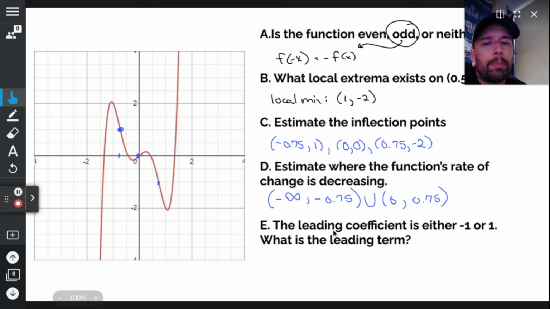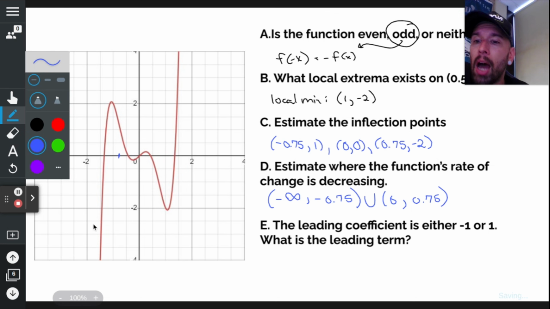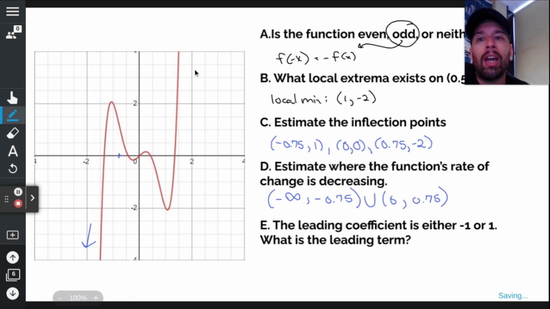The leading coefficient is going to be either -1 or 1. Okay, what is the leading term? All right, well, we need to find out what type of polynomial we're dealing with. We definitely have an odd polynomial because it starts down here and it ends up there. We also know we have a positive polynomial because it starts from the bottom and ends at the top.